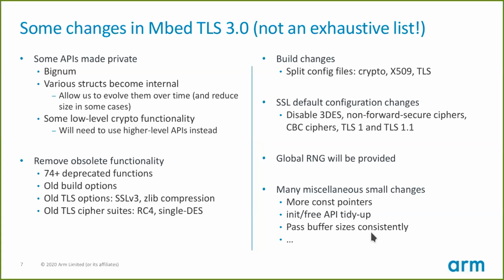You don't know what it's pointing to. You just know that it's a pointer. And we're going to similarly make Mbed TLS contexts opaque. The low-level ECP module is probably going to be internal as well, though this is not completely decided.